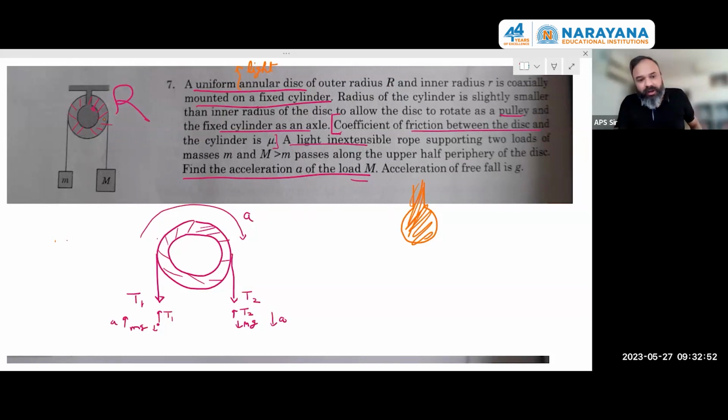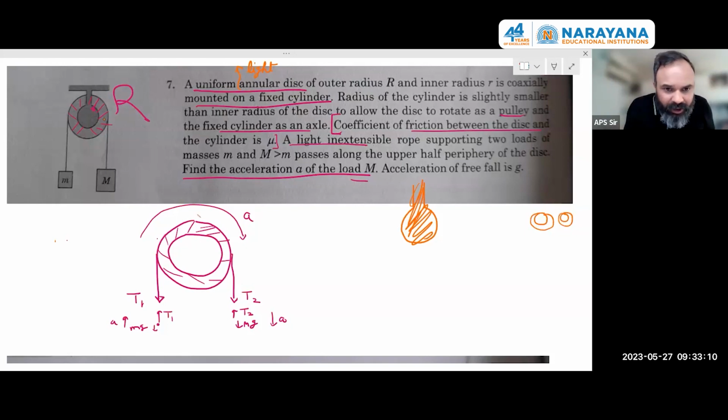I'm saying if I've got an axle which is fixed, and I've got a cylinder over it, and there is a small gap, then obviously when the system will move, it will have a unique contact point, that is the common tangent of these two bodies, somewhat like this. I don't know which contact point, but one contact point.